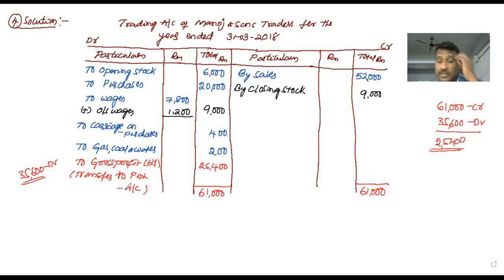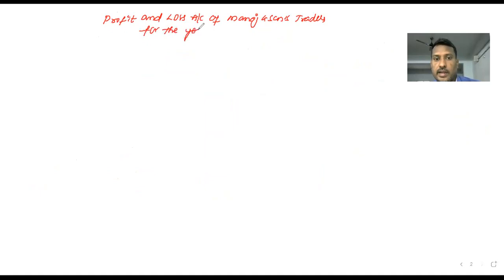Okay, my dear students, the trading account is completed. Let's move to the profit and loss account now. Profit and loss account of Manoj and Sons Traders for the year ending 31st March 2018.